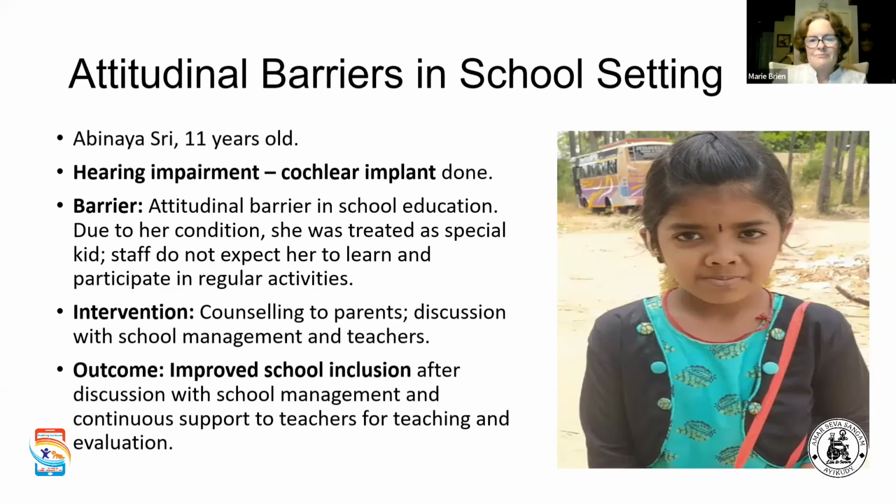So her learning needs were able to be facilitated, and the outcome is that there's now really improved school inclusion after the discussion with school management, and also continuous support to the teachers for teaching and evaluating, to look at various approaches to teaching, to expect her to learn and to participate in regular activities, but with proper accommodation and adaptations within the school setting.